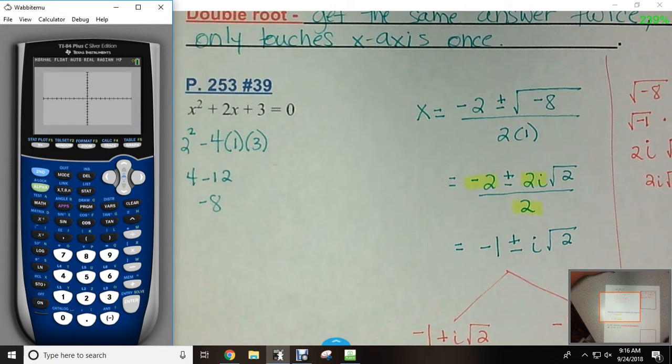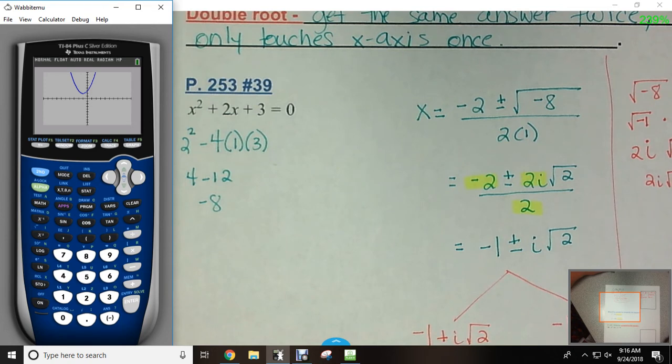So let's graph it, and you can see this parabola is completely and totally above the x-axis. No matter how far the left side and the right side extend, they will never touch the x-axis. That's what imaginary solutions look like.